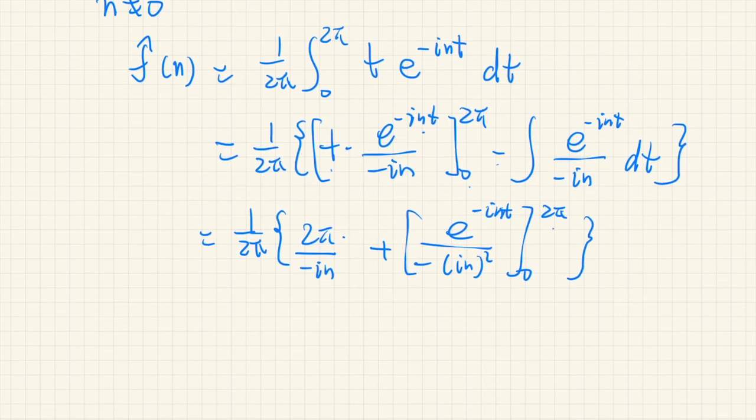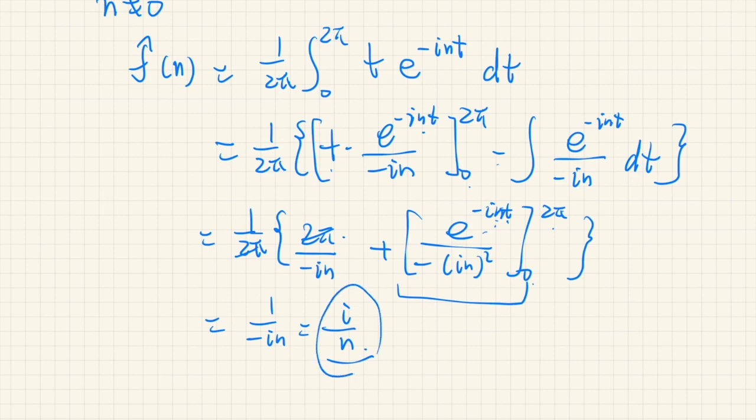And if we put 2 pi here, that's 1, and 0 here, that's 1. So this term should be 0. And we cancel these, so that's 1 over negative i n, that is i over n. Okay, so when n is not equal to 0, this is the Fourier coefficient.